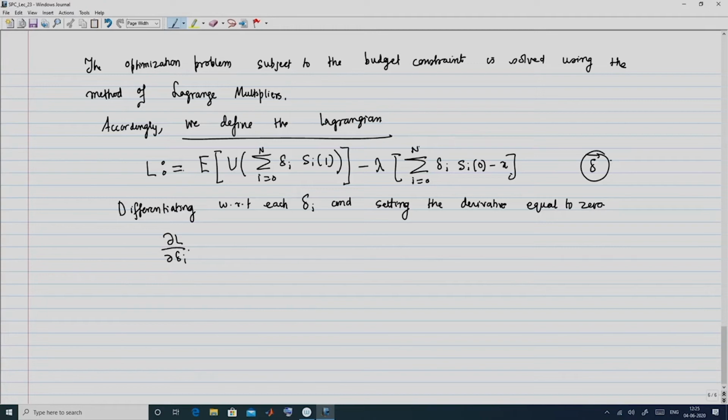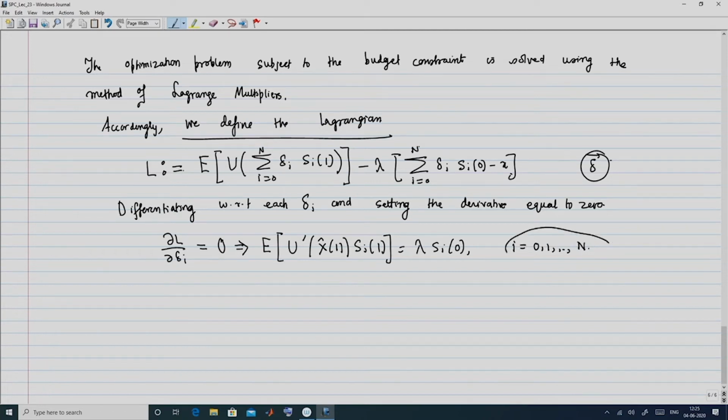So, we have partial derivative of L with respect to delta I equal to 0, which implies that the expected utility, so this is going to be u prime of x hat of 1 into S I of 1, is equal to lambda into S I of 0, and this will hold for all I from 0, 1, 2 all the way to capital N.